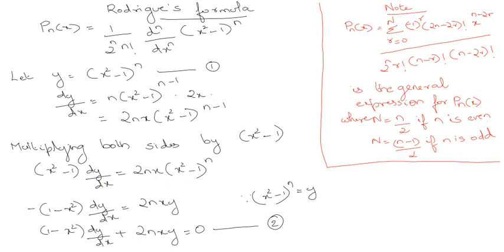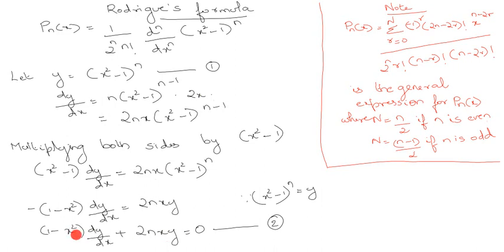So the resulting equation is minus (1 minus x square) dy by dx is equal to 2nx, and instead of (x square minus 1) the whole raised to n, we can write y. So, it's equal to 2nxy. Okay. Now, we can write this equation as (1 minus x square) dy by dx plus 2nxy is equal to 0.